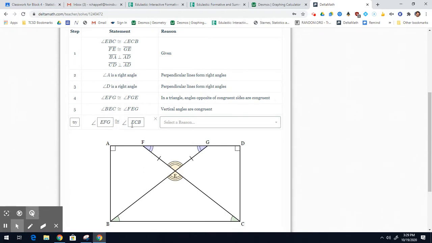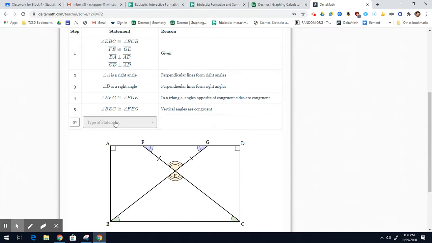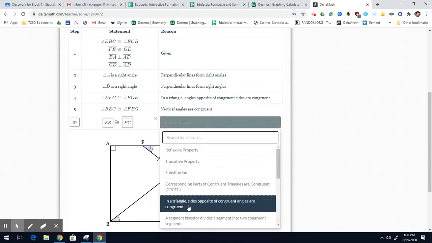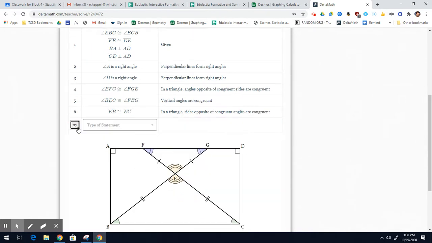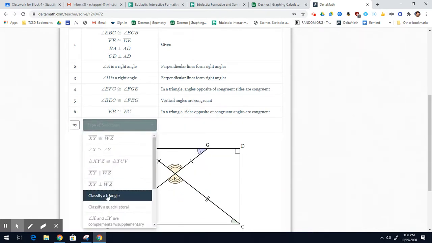So here's the route I'm going to try. I'm going to try to say that they're isosceles triangles. So we already know that EFG is isosceles. Let's go ahead and say that EBC is going to be isosceles, but let's first say that we have these opposite sides being congruent. So EB and EC are congruent because if you have congruent angles, you have congruent sides. So we have two isosceles triangles.